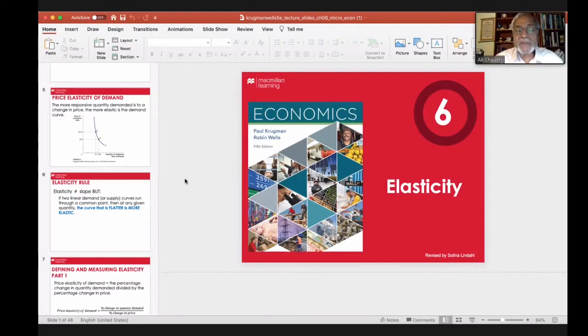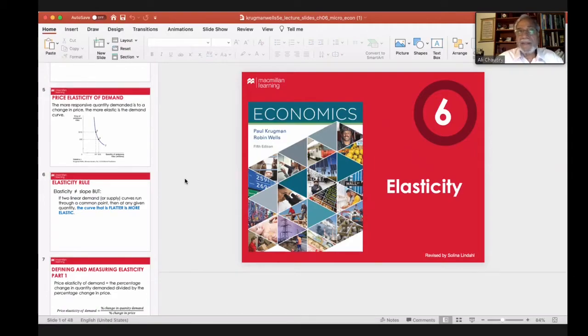The basic question is, what is elasticity? We define the concept. Then we expand it by saying price elasticity of demand is a degree of responsiveness of the quantity demanded to changes in price. That is a general statement.